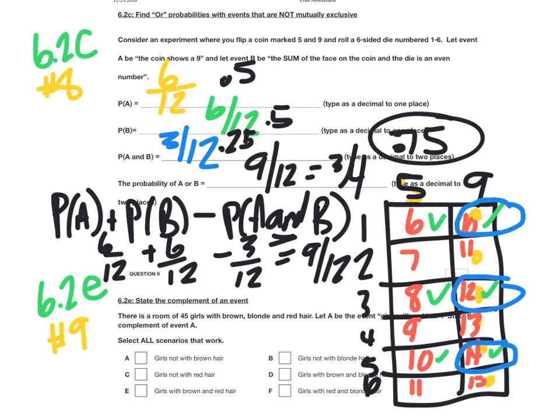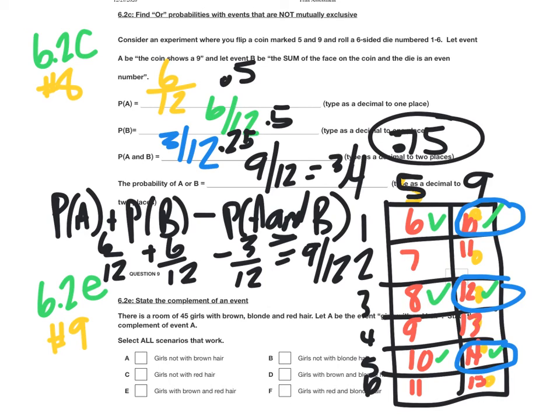The last question, kind of tucked away down here, is about complements. So it says there's a room of 45 girls with brown, blonde, and red hair. Let the event girls with red hair be event A. And they want us to state the complement of event A. So if event A is girls with red hair, what's the complement or kind of the opposite of that?